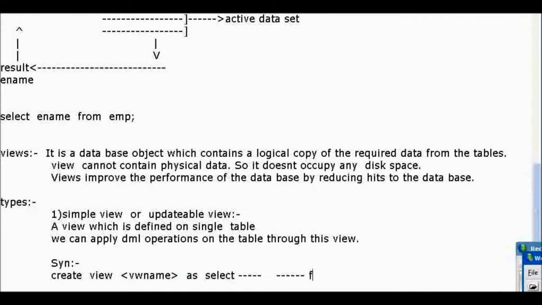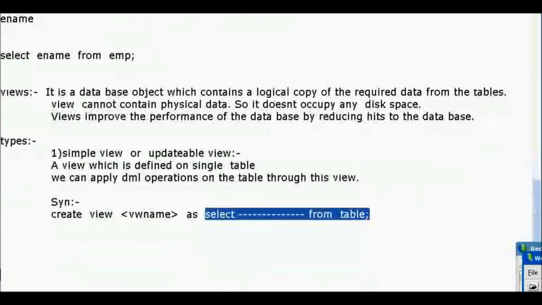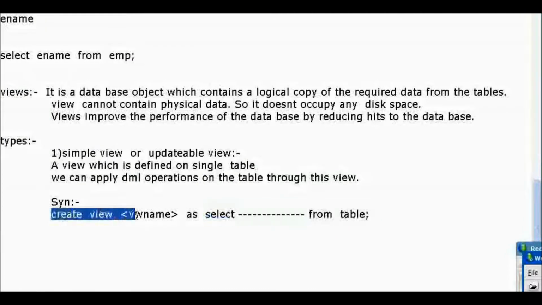Whatever required data is there, specify that from the table. Got my point? So what is a view? A view contains required data from the table. How can you select the required data from the table? By using a select statement. The select statement selects the required data, and that logical copy of the data is maintained in this view.